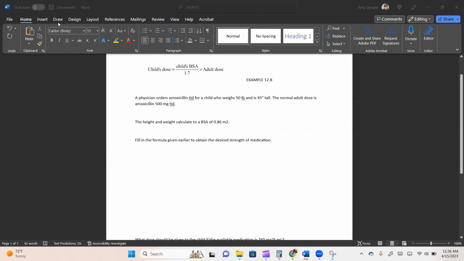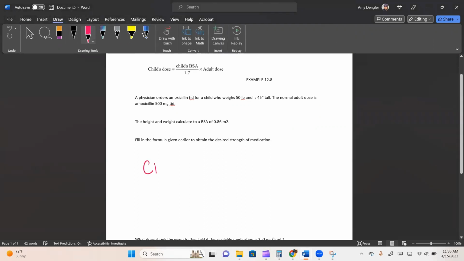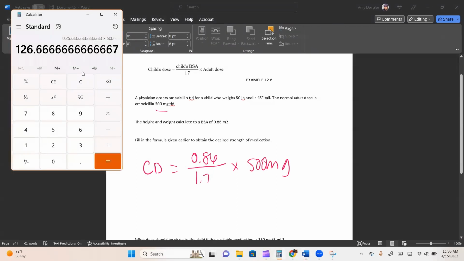All right, so we're going to plug in our information. So CD for the child's dose. The BSA is 0.86. So then 1.7 times the adult dose of 500 milligrams. Get out our calculator.